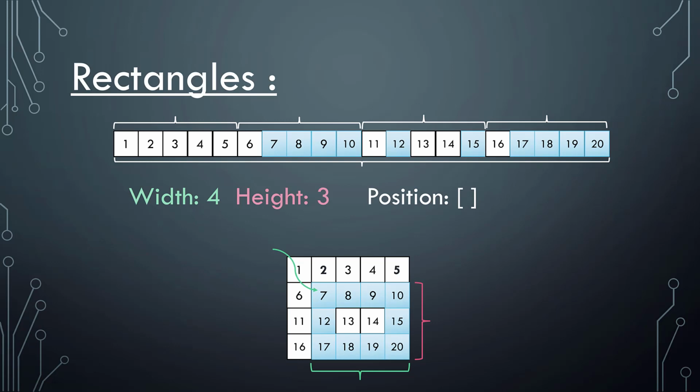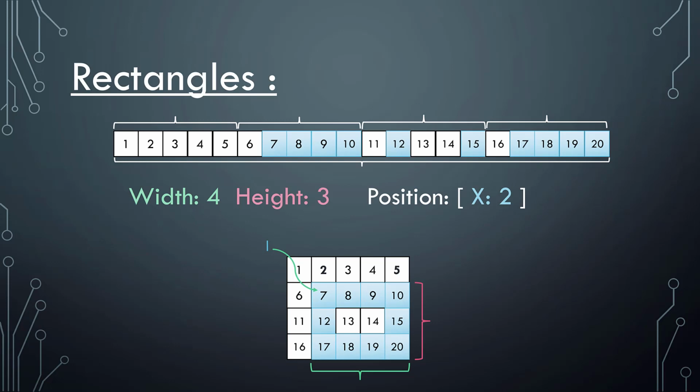If the starting is the top left, then the coordinate is always relative to the origin. So in this case, it's going to be top left. But if you're working with a coordinate system that starts at the bottom left, then the position is going to be the bottom left corner of the rectangle, usually.